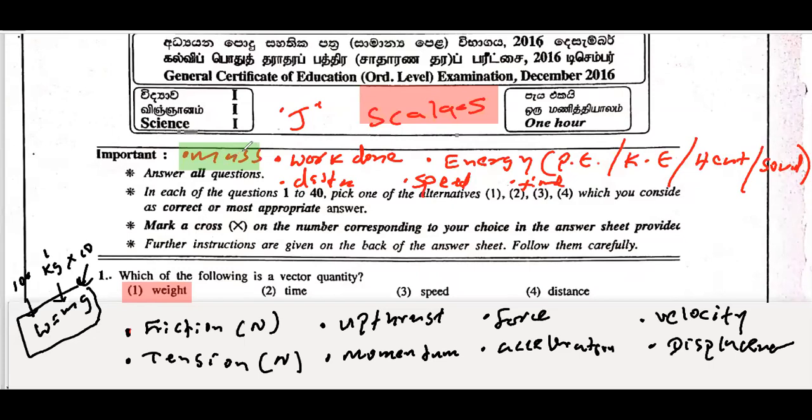Please write it: mass is independent of the gravitational acceleration. Mass is independent of the place unless you lose your body parts, but weight is subject to change with the gravitational acceleration.